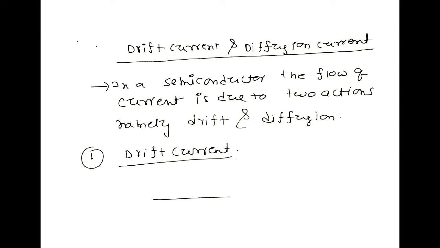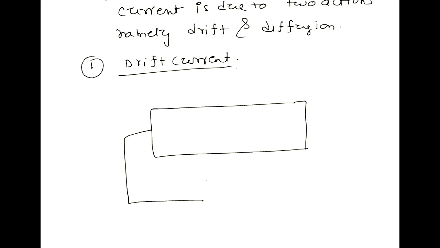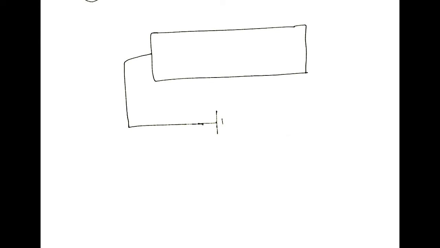Suppose I am taking a semiconductor bar, either p-type or n-type. I am connecting it to a battery with the terminals like this, plus, minus. So this is a semiconductor bar.